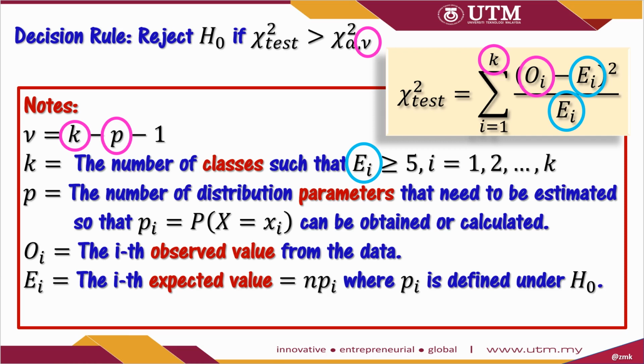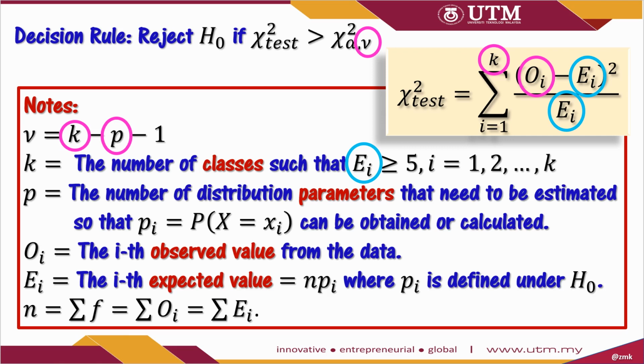What is n here? The notation n is the total frequency of the sample data, which should be exactly the same as the sum of observed and expected values.